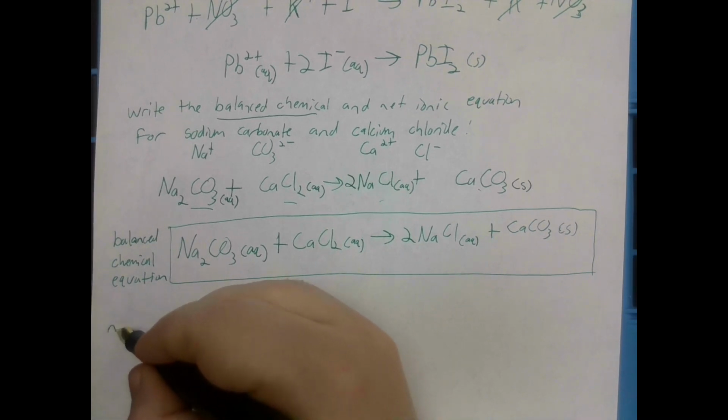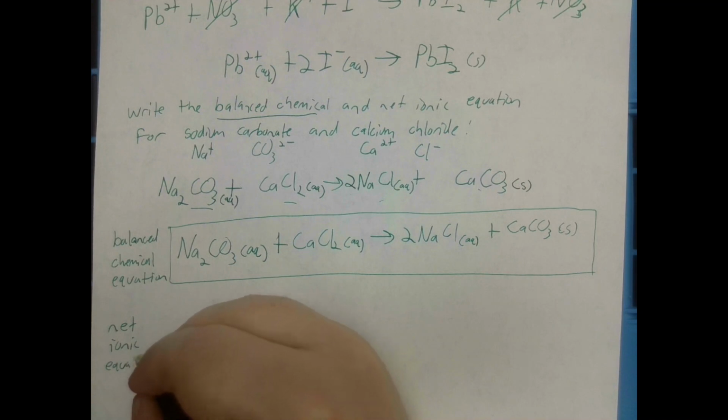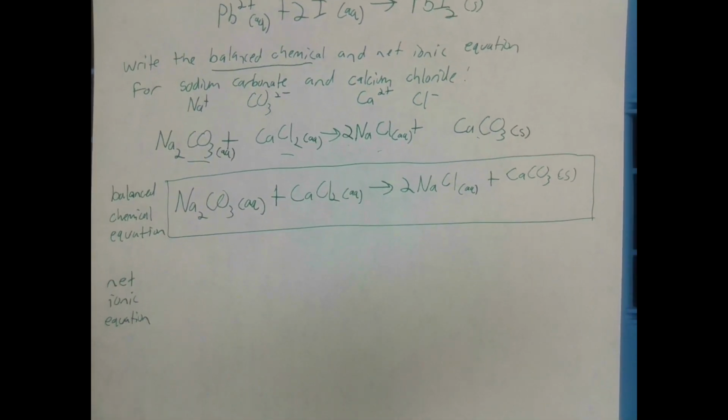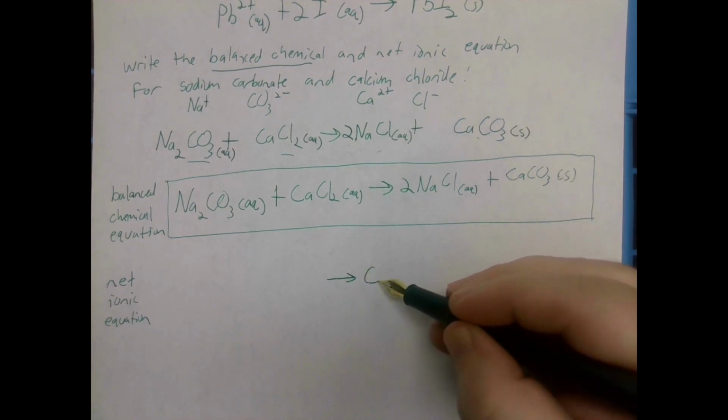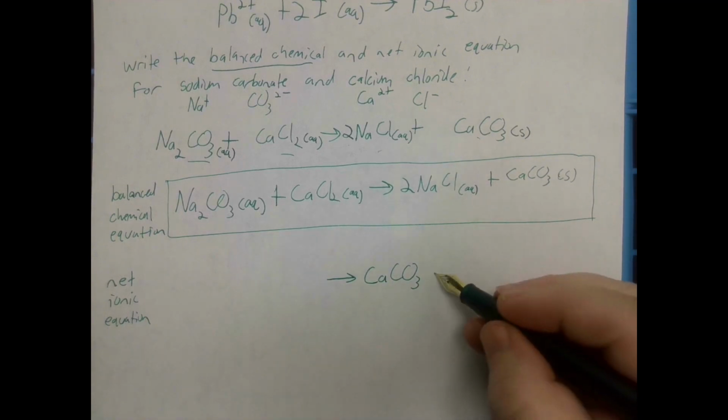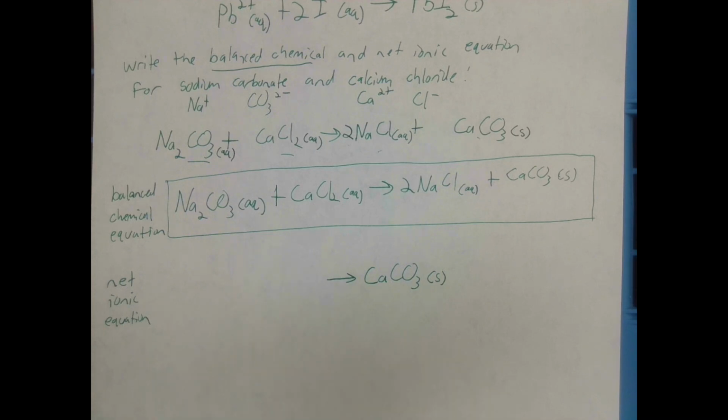What would be the net ionic equation? The only solid we have on the right-hand side is calcium carbonate. And what ions were used to make it?